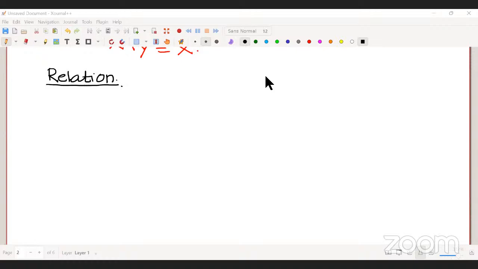Whenever you are trying to define something, define it properly. Give me a proper definition of relation. How the two sets are related to each other. Again, you are saying the same thing. Whatever you said has no meaning.